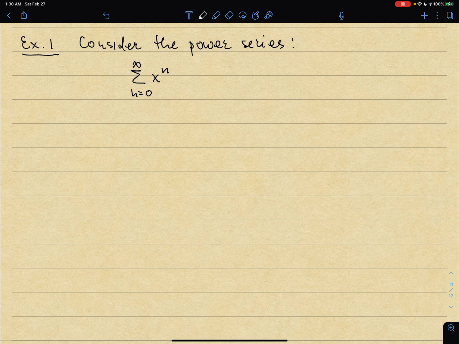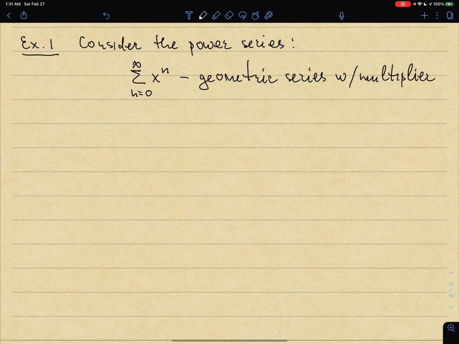We have two choices. Either we, again, use the root or ratio test, or we simply examine this series. Any series whose term looks like a times r to the power n is a geometric series, right? So it's a geometric series here, with a multiplier x, because I have x to the power n.